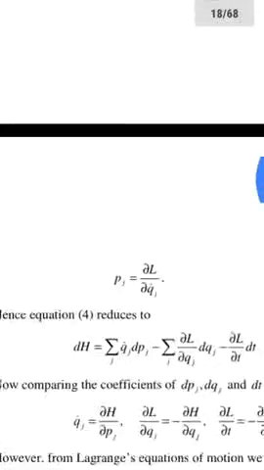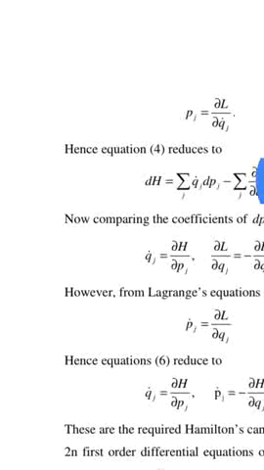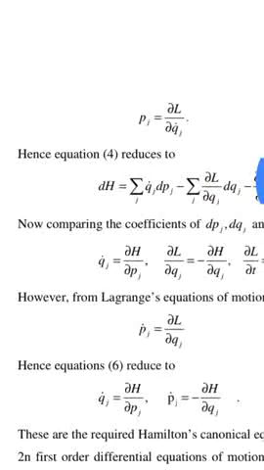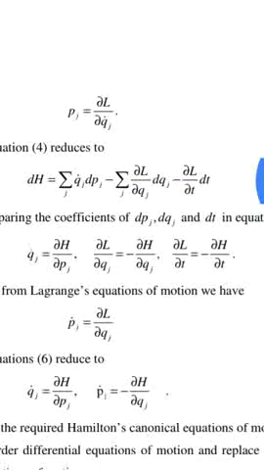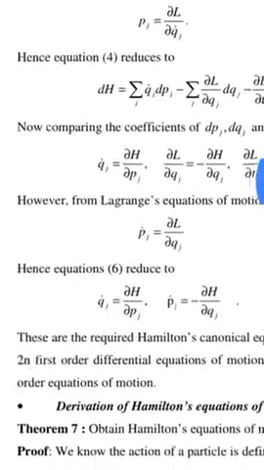We know the generalized momentum is defined as pj equal to ∂L/∂qj dot. Hence, equation 4 reduces to dH equal to summation of qj dot dpj minus summation of ∂L/∂qj dqj minus ∂L/∂t dt.